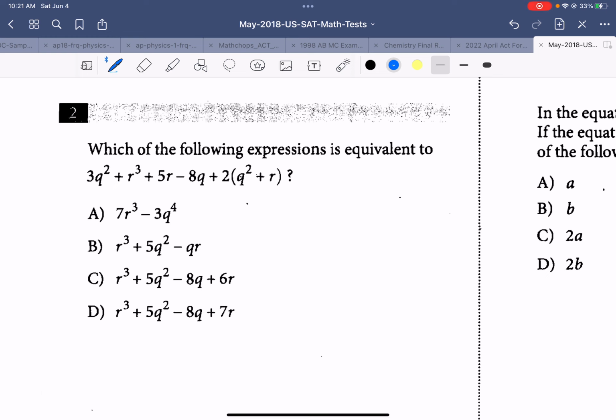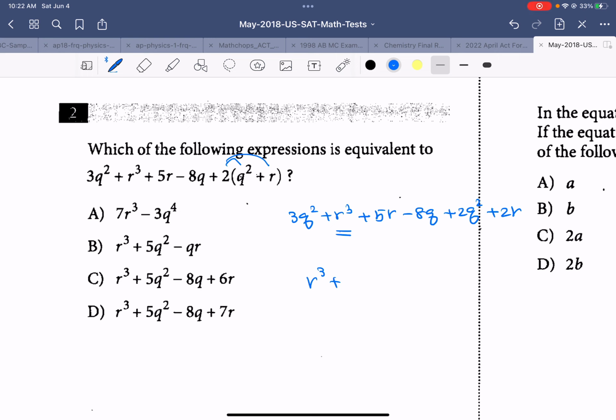This one is collecting like terms. So when you distribute this one, 3q squared plus r cubed plus 5r minus 8q plus 2q squared plus 2r. Now, if you look at the answer choices, it looks like r cubed comes in the beginning. So I'm going to write this one first.